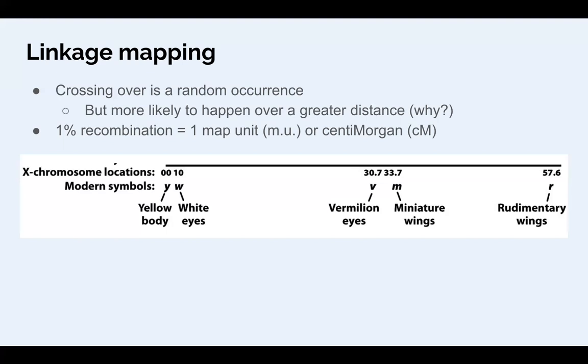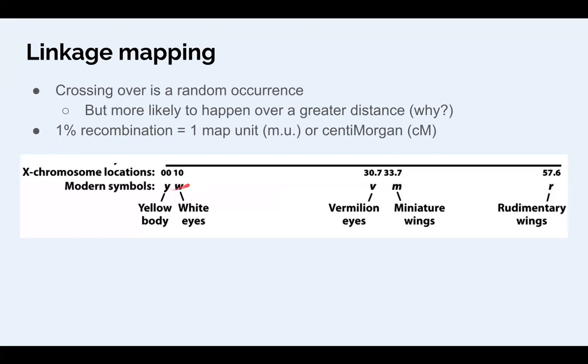And by doing crosses after crosses after crosses, you'd collect a lot of data, and you could determine that about 30% of the time, crossing over happened between the yellow body gene and the vermilion eyes gene. So crossing over happened not completely randomly between these two, but predictably as far as the physical distance between them.